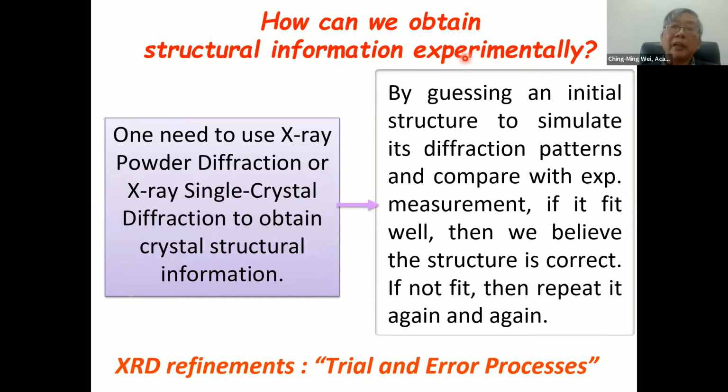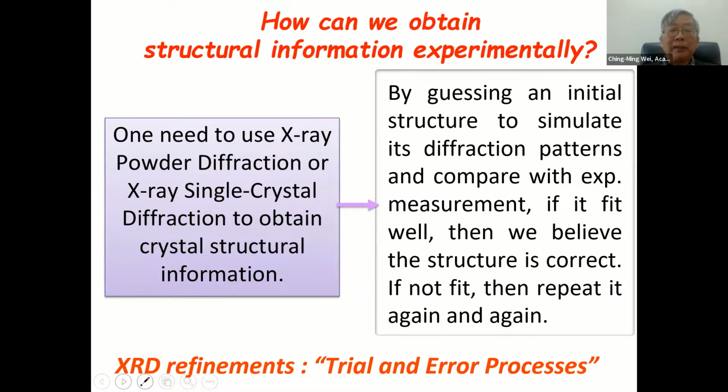To get the structural information experimentally, one needs to use X-ray powder diffraction or X-ray single crystal diffraction. The way of doing this is by guessing an initial structure to simulate its diffraction pattern and compare it to the experimental measurement. If it fits well, then we believe the structure is correct. If not, then we guess the structure again and repeat.